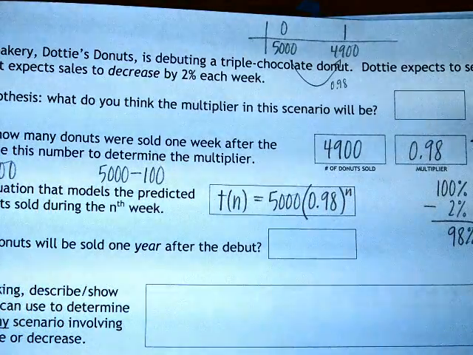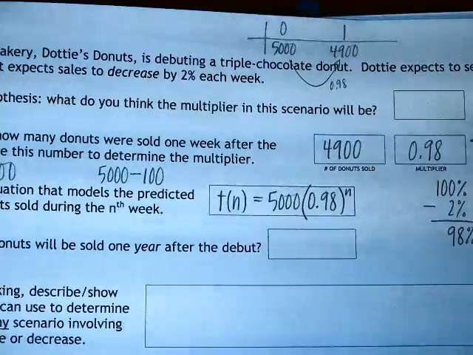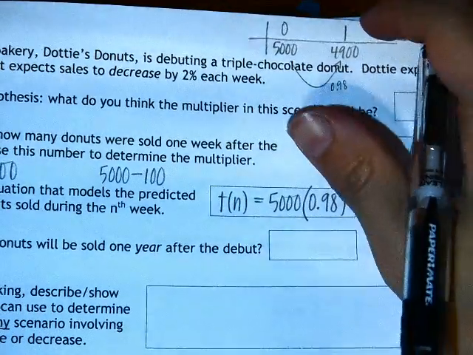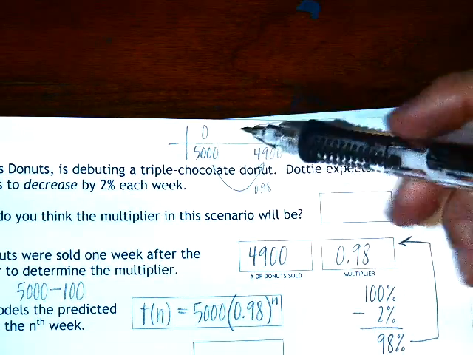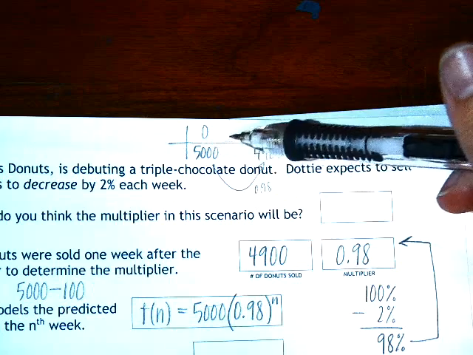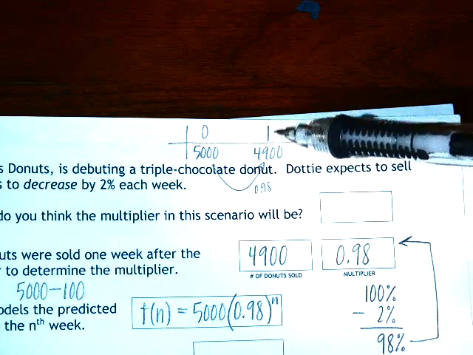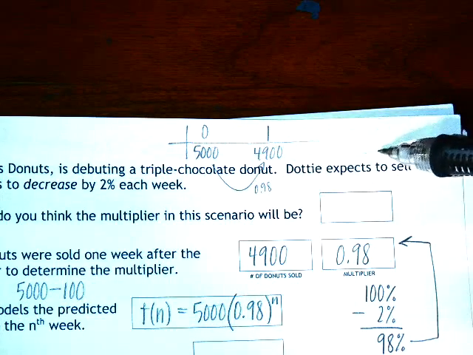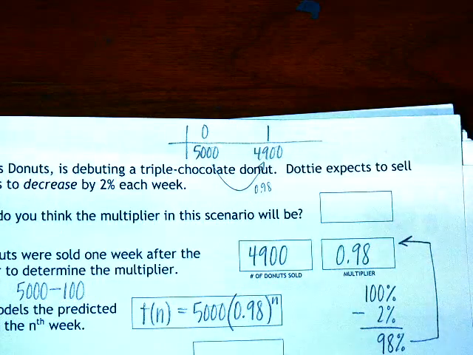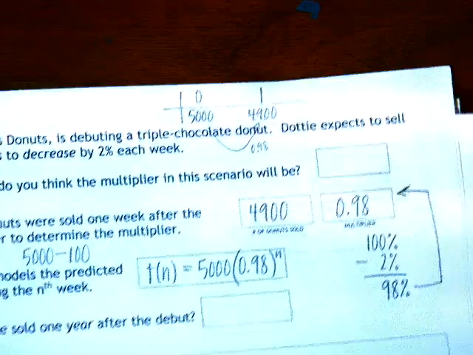Now in this one, it says how many donuts will be sold 1 year after the debut. Again, I'm going to think about this in efficiency terms, because if I think based on the table, I immediately discourage myself. This is 1 week's worth, and if I multiply another week and another week and another week, it's going to take 52 multiplications to get me all the way to 1 year's worth of donut sales. That sounds crazy.